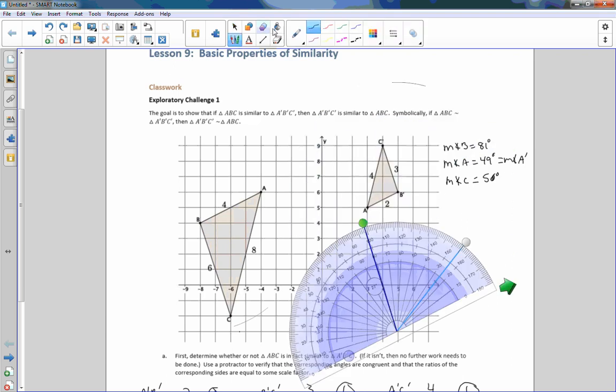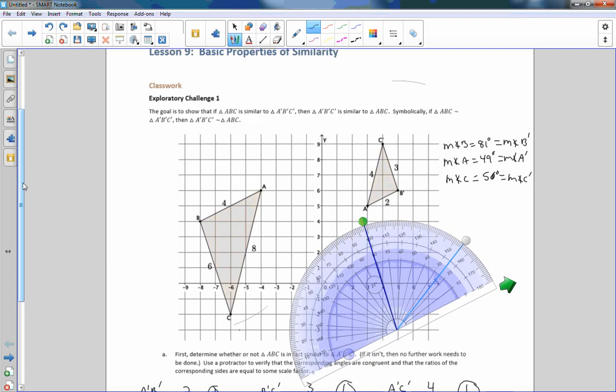Okay, so that is also B prime. So it equals the measure of angle B prime. And since those two are equal, then this has to be equal to the measure of angle C prime.